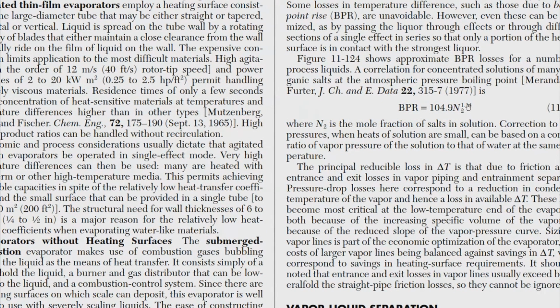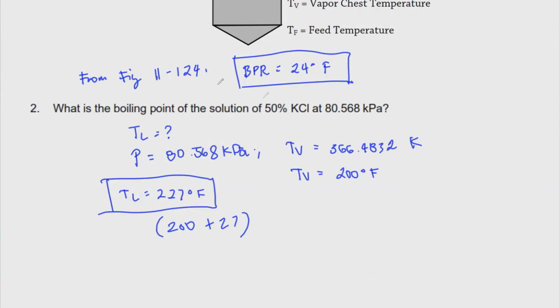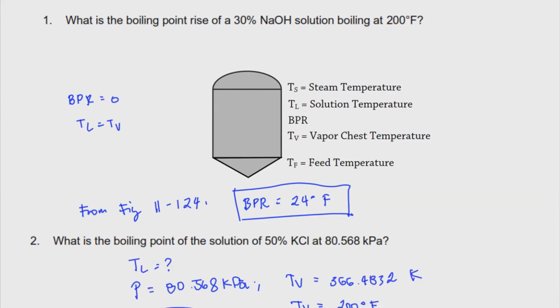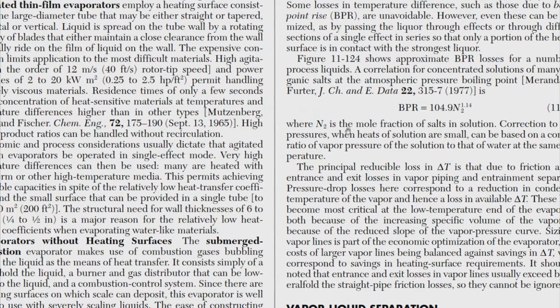Okay? So, let's try to check that dito. What if we use this formula to find your BPR at this solution, 'di ba? So, let's say 30% sodium hydroxide. Sabi dito, dun sa ating figure, we need to take the mole fraction of that in the solution.